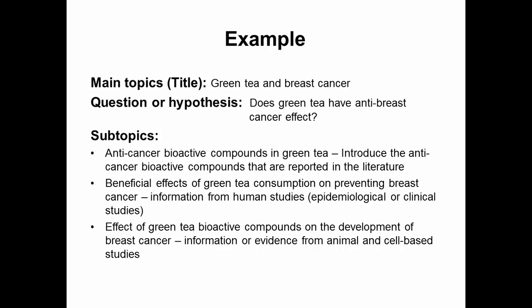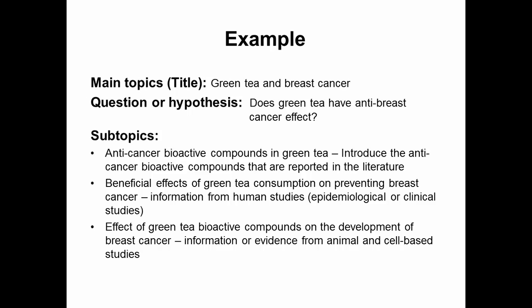And then you go to the database and search for the information. Once you get the information, you can categorize or group it, right? For example, you want to focus on three areas, or three subtopics, to address the main question.